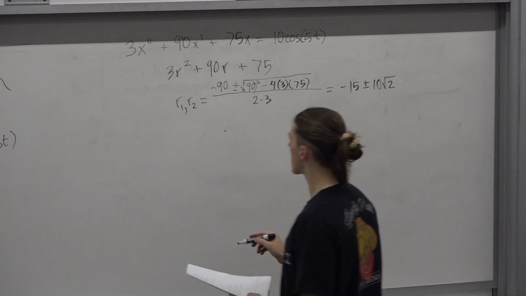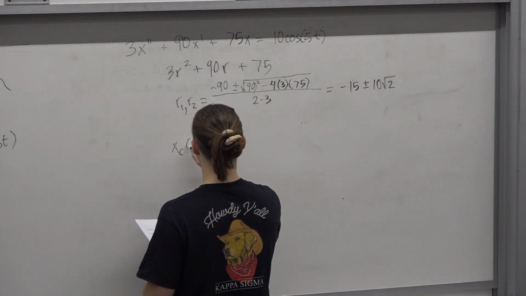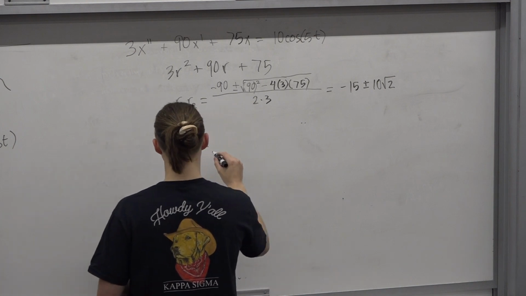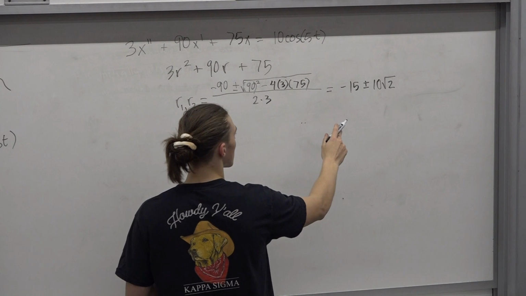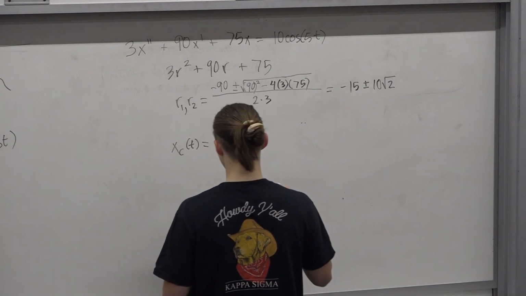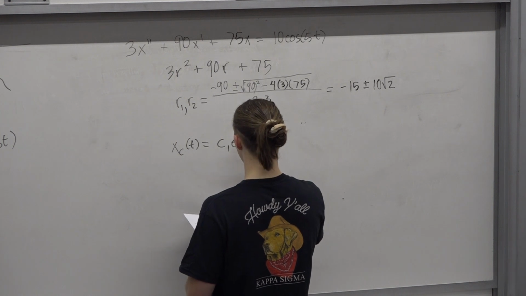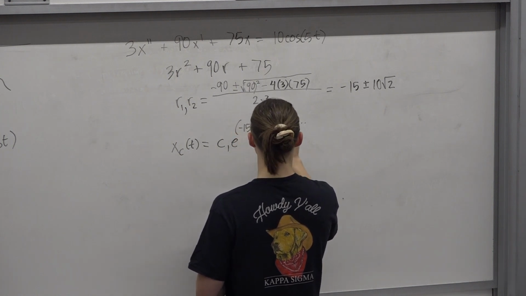So what that means is that our complementary solution, these are two real roots. Even though they're not nice numbers, they still work just as well in our solution.